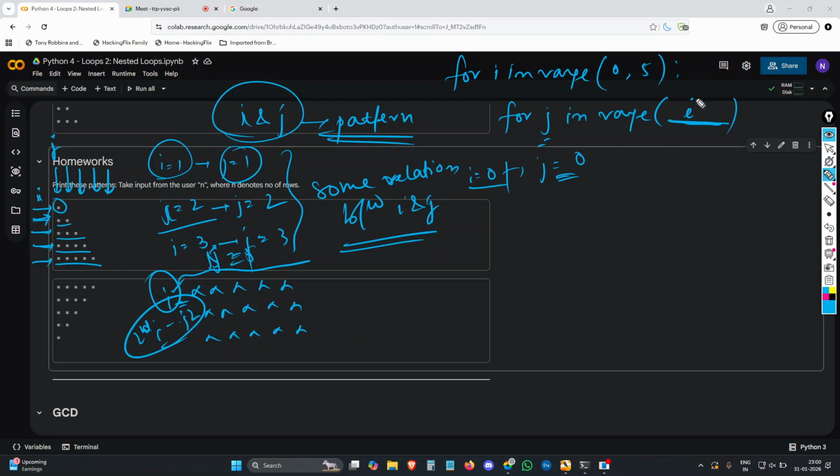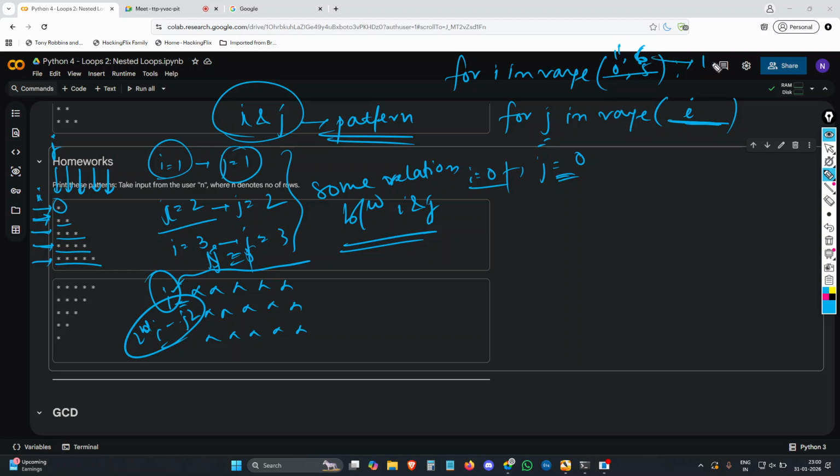The range of 0 means what? Nothing. So it won't print anything. So maybe we have to change something here. What we do is, we will do i in range of 1 to 6.